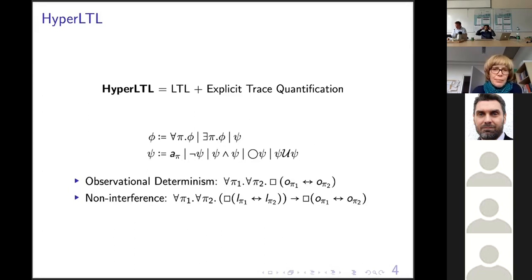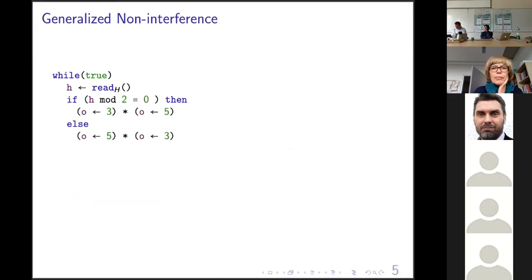As a more complex example in hyper-LTL, we consider the following program. What this program does is it continuously reads secrets from a high security source, and depending on whether this input is even or odd, it outputs either 3 or 5, where the star here denotes a non-deterministic choice between both of them. And in case it's odd, well, it outputs a 5 or 3.